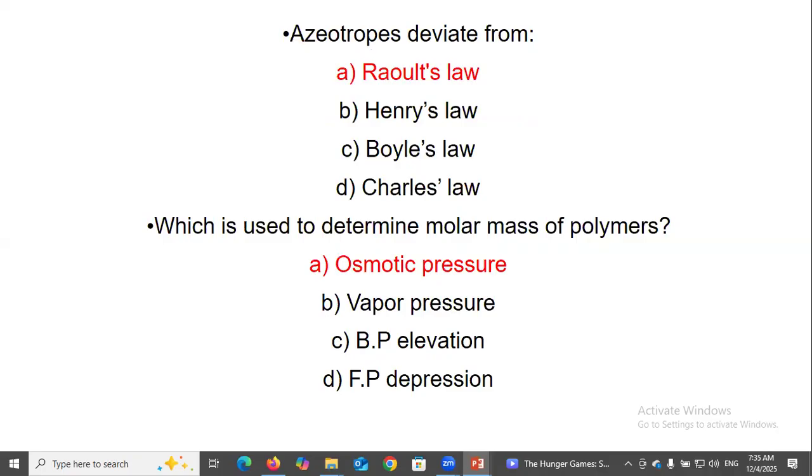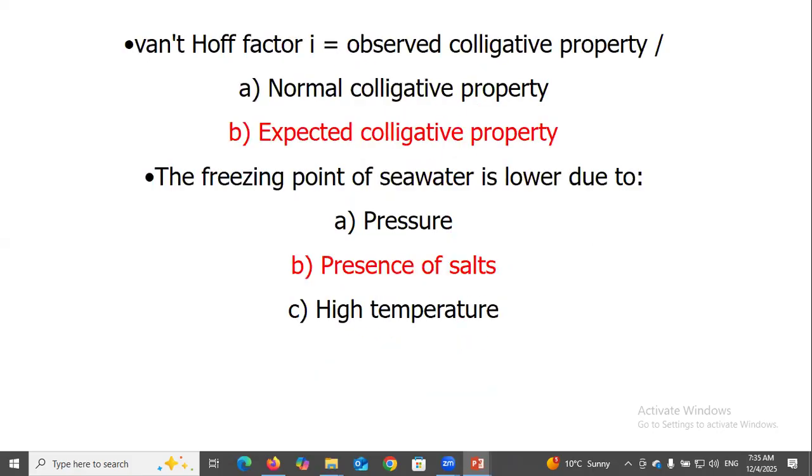Azeotropes deviate from Raoult's law. Which property is used to determine the molar mass of polymers? Osmotic pressure. Van't Hoff factor is observed over expected colligative property. The freezing point of seawater is lower due to the presence of salts.